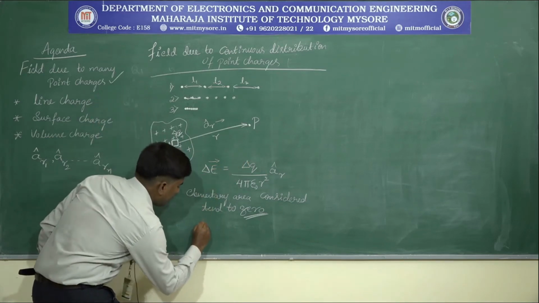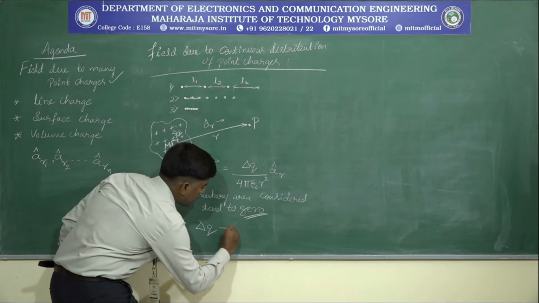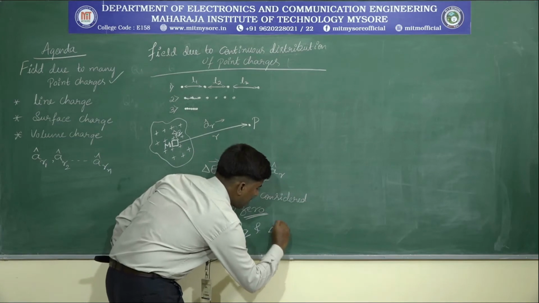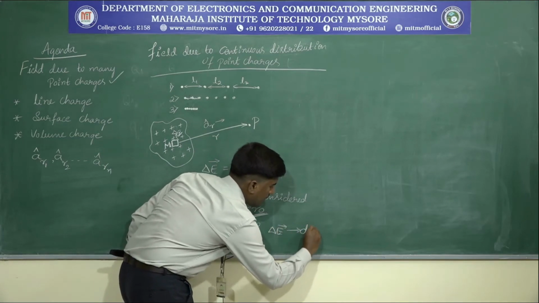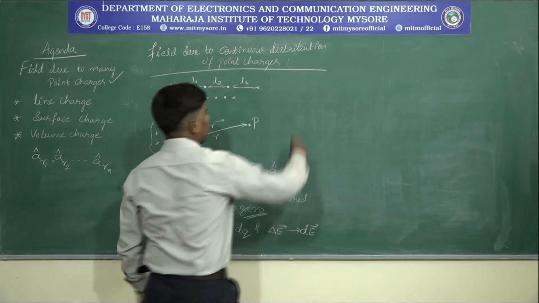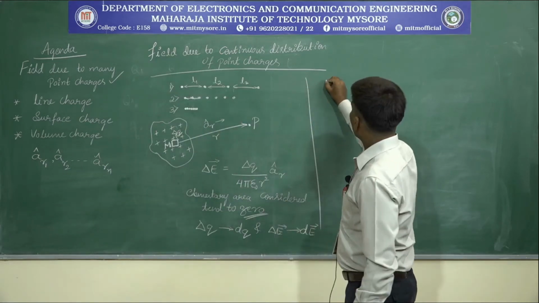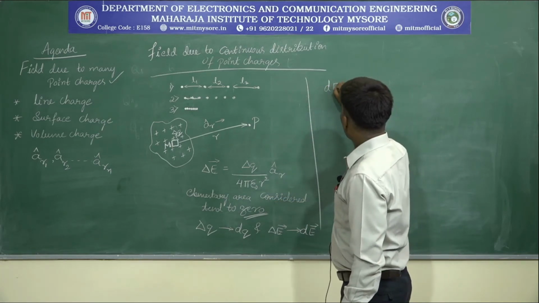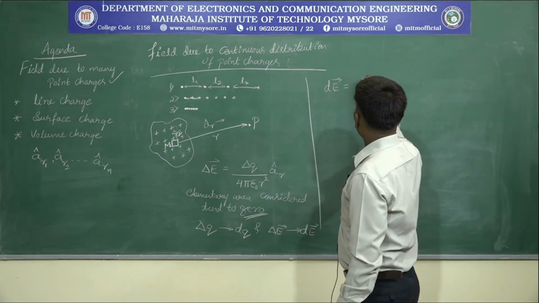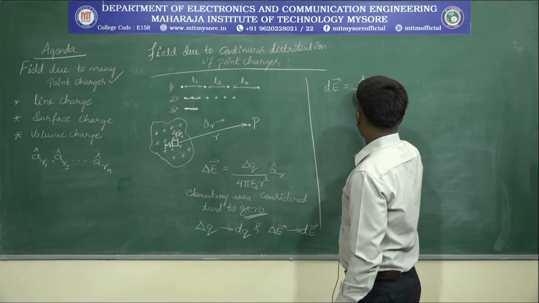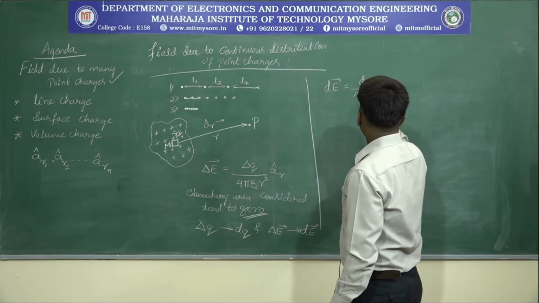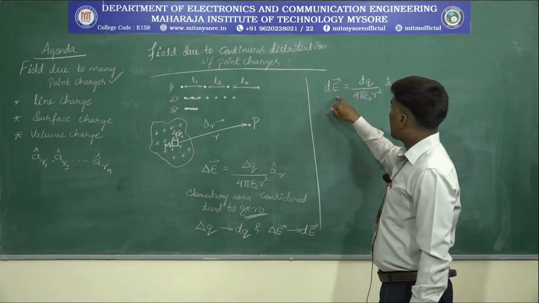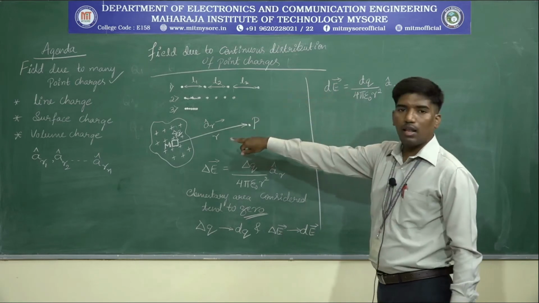That is, delta Q becomes dQ and delta E becomes dE. Got it? Coming to the next part, according to this limit, the equation can be rewritten as dE is equal to dQ divided by 4 pi epsilon naught r square into a cap r.